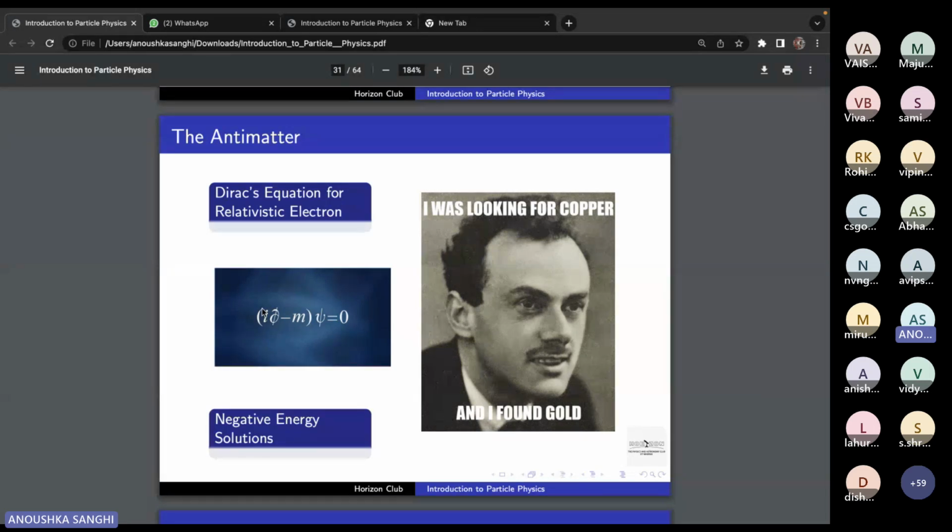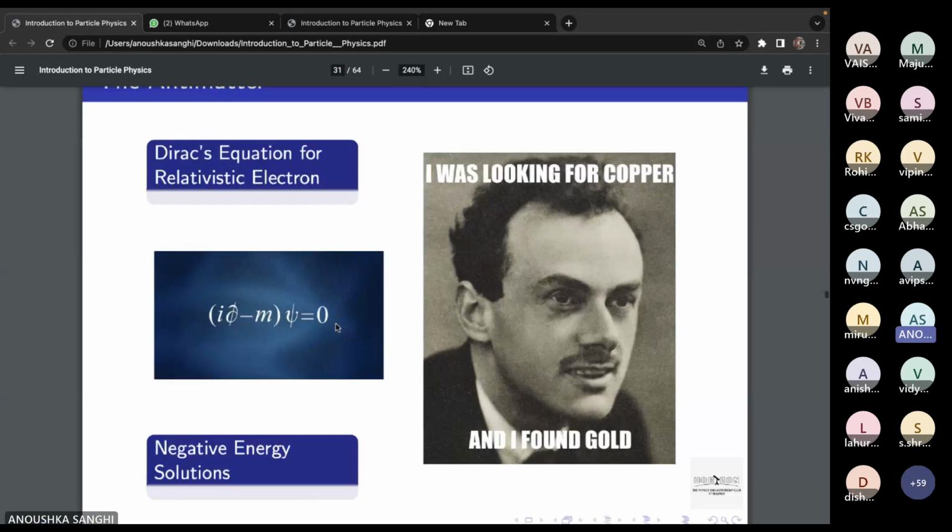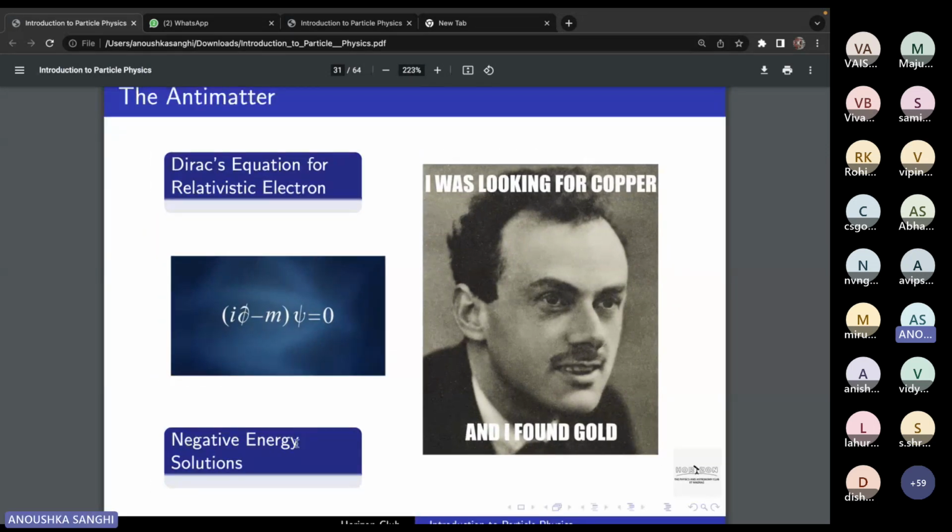For a given matter, there can be an antimatter. So why am I talking about antimatter, and what is antimatter? Just like I have explained for the electron and positron, suppose we take one example, the charges will be just opposite and the masses will be the same. I think this comes through the solution of these equations and negative energy solutions. So that's a very good thing.